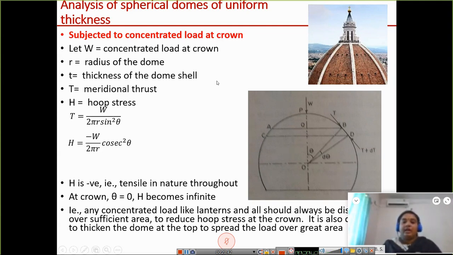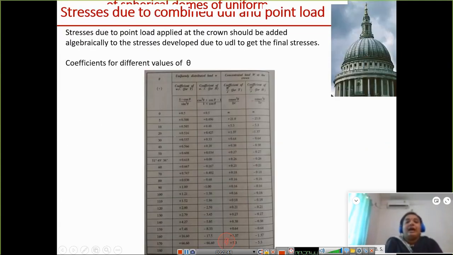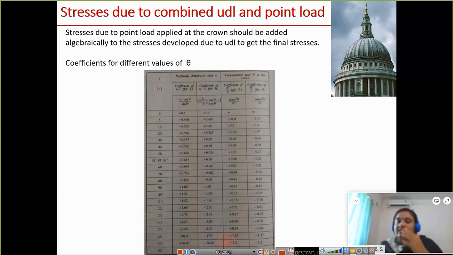Okay. Now, what will happen if there is a combined UDL and point load? So here the UDL is generally coming because, it's not like in a slab, the live load is not that much. Like the people movement is not that much permitted, right?